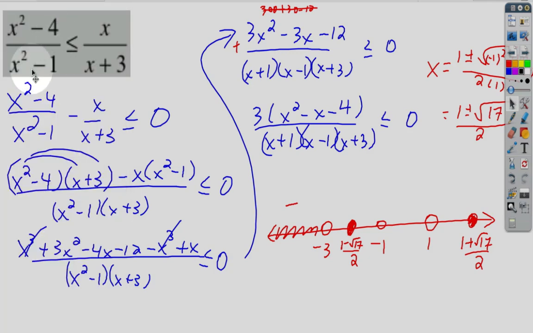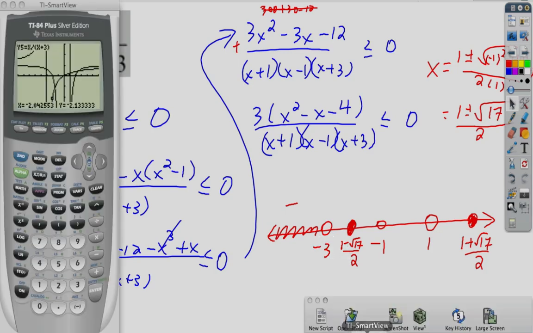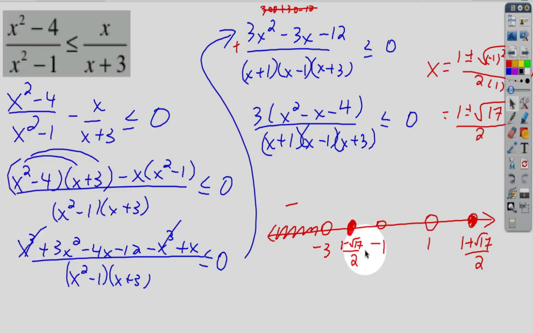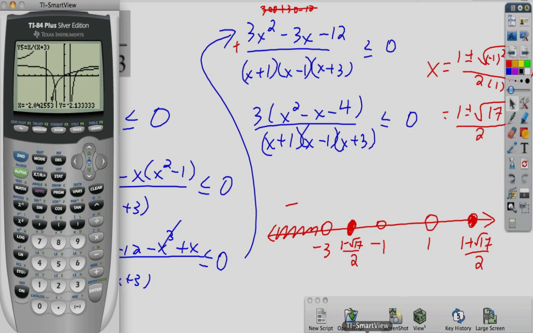That's not what we want. We want it to be below. So we're not going to shade in this region. How do I find this exact value? Analytically, I found it, but I can use my calculator to calculate number 5, the intersection, and press enter, enter, enter. And it will find this value, which will give you the same as this.